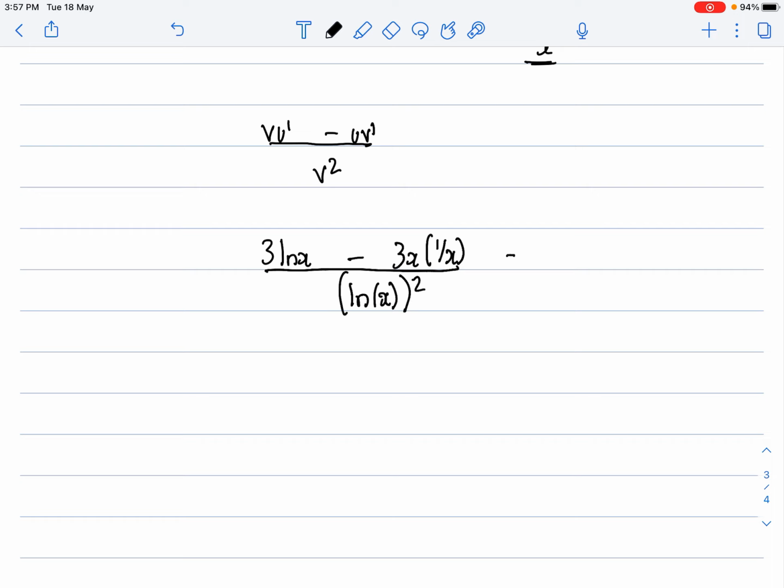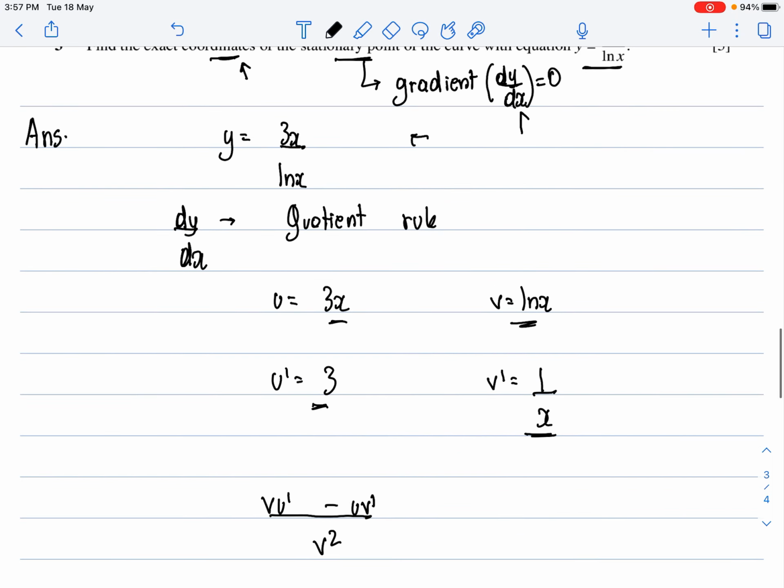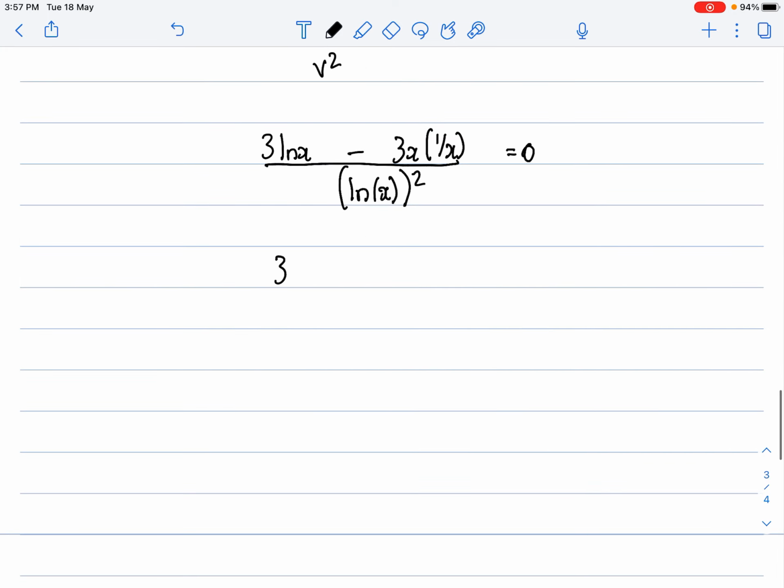And I know this is equal to 0 because I told you it's a stationary point, so my gradient is equal to 0. So now I can write this as 3 ln x minus, I can cancel x and x here to get 3, which is equal to 0, because when ln x squared goes to that side it becomes 0.